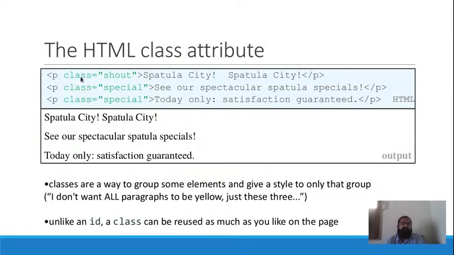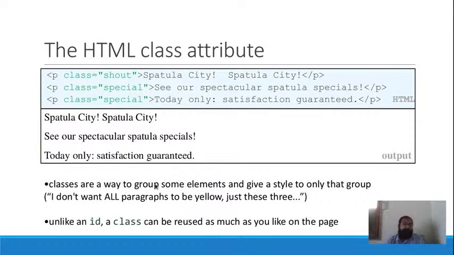Say for example, there are 3 p tags given here, which have the classes shout, special and special. Unlike the id which can be used only once, the class can be used with multiple tags. Whatever class you have specified in the CSS, that particular styling will be applied to this p tag, this p tag and this p tag as well.